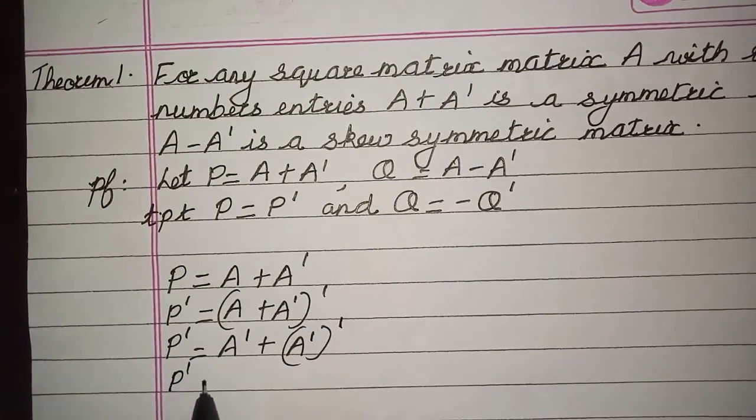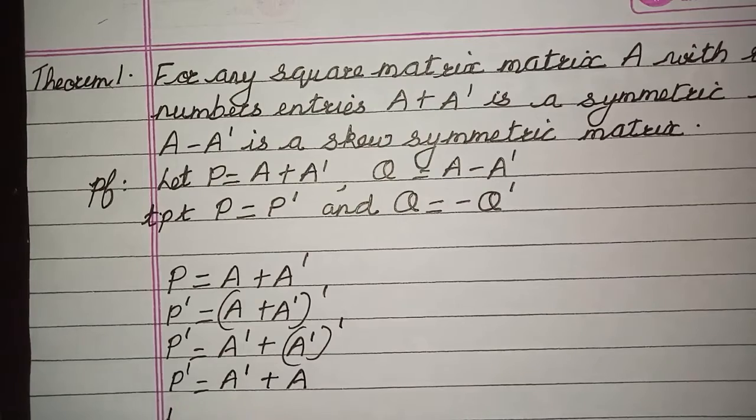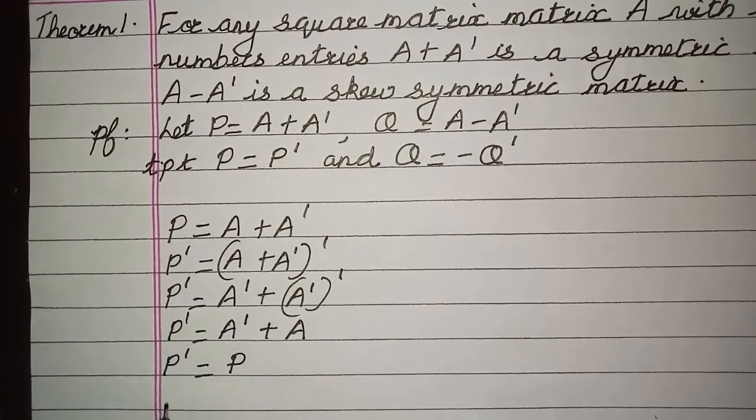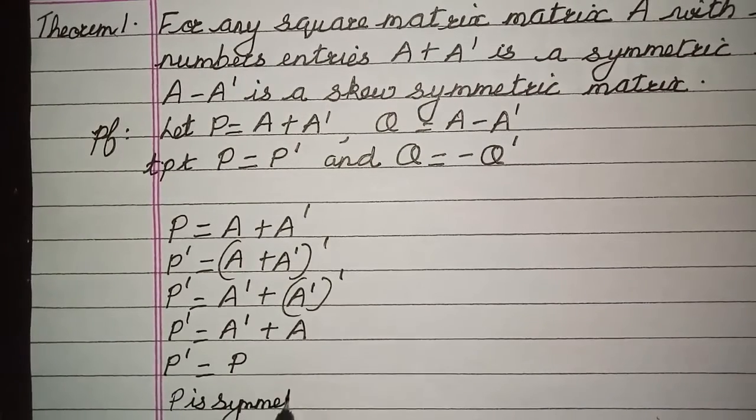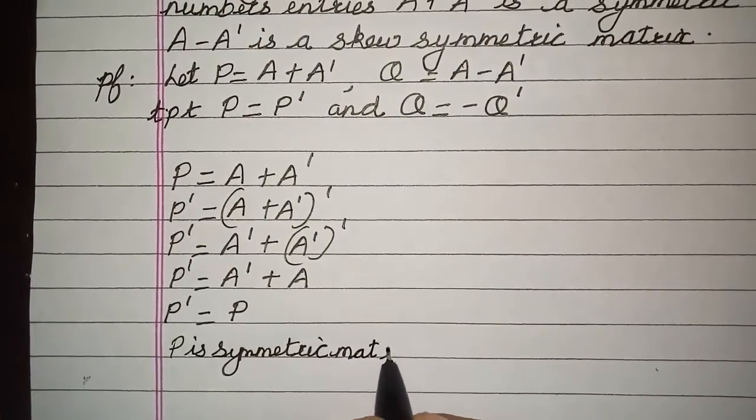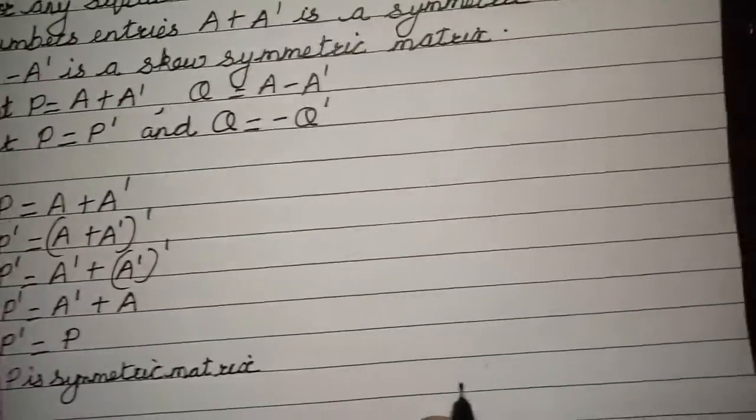So P dash is equal to A transpose plus A. Yes. So that means P dash is equal to P because A plus A transpose is P. So therefore I am able to prove that P is a symmetric matrix.